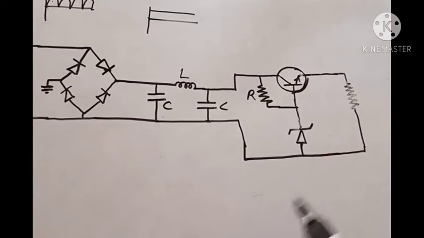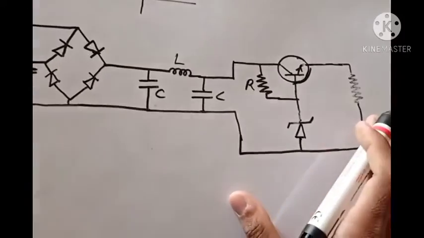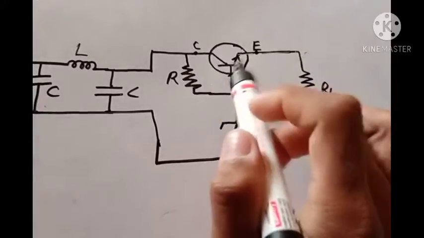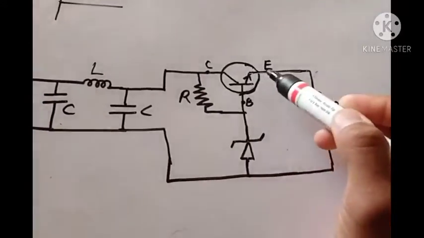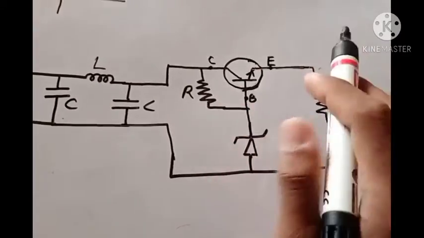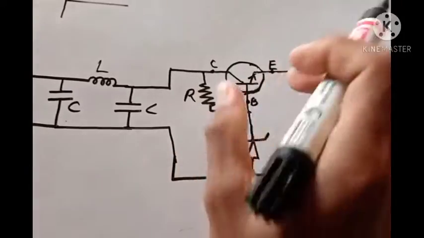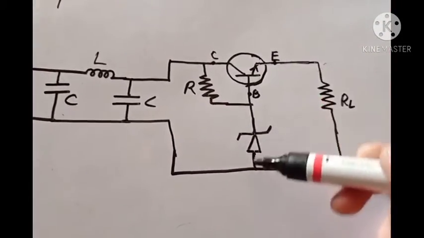We are now going to discuss the working of a regulator circuit. We are using an NPN transistor. It has a collector terminal, emitter terminal, and base terminal, and a resistor connected along with the transistor, and the transistor is connected to a Zener diode.